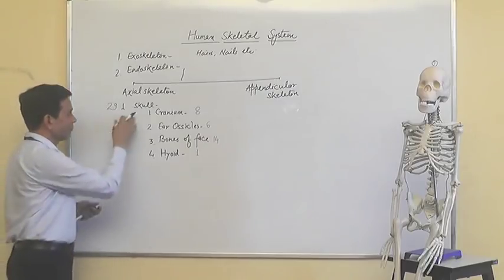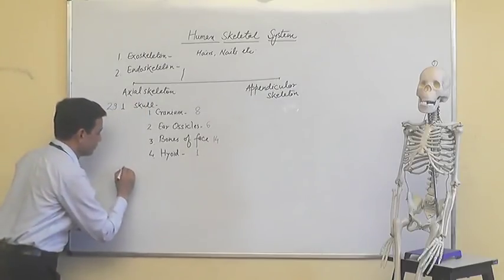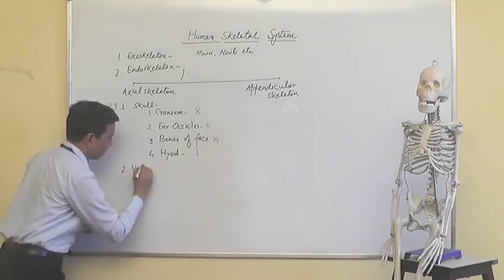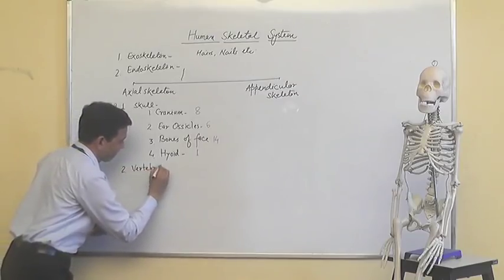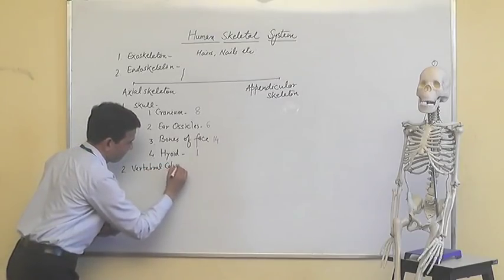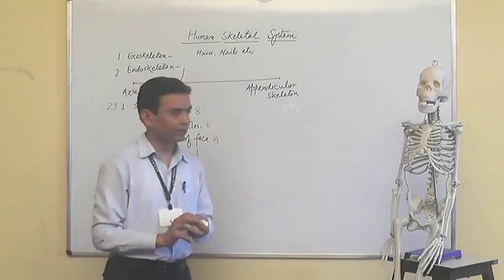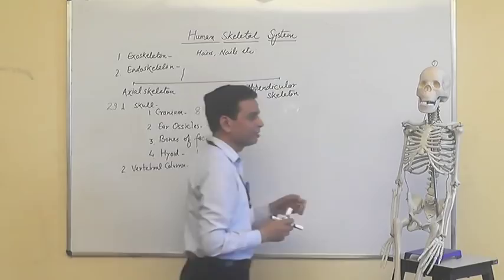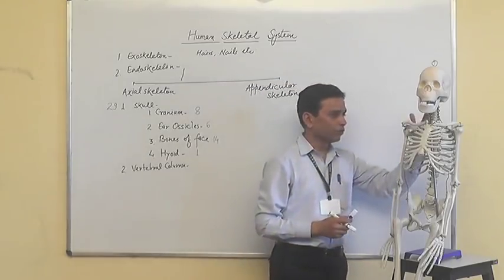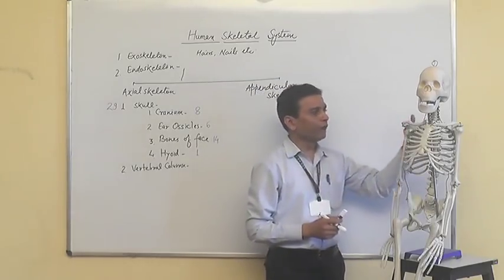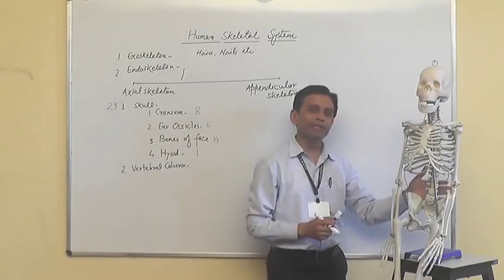The second part of our axial skeleton is the vertebral column. It is also called our backbone. It is present in the middle dorsal line of our neck and our trunk region.